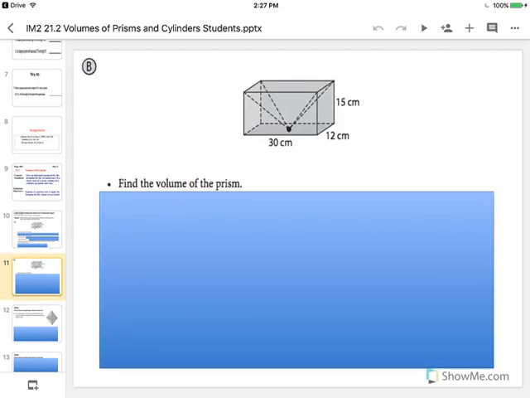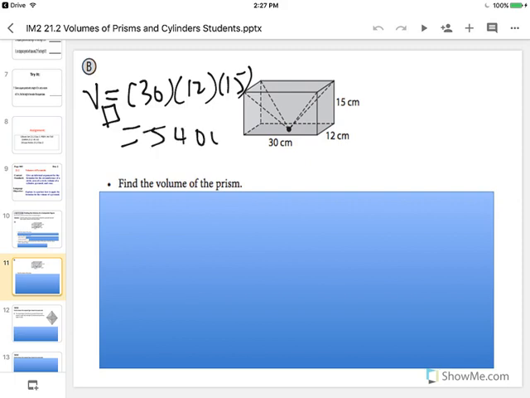For part B, it is similar to the one we just did. First, find the volume of the prism. In this case it is 30 times 12 times 15, which gives us 5,400.